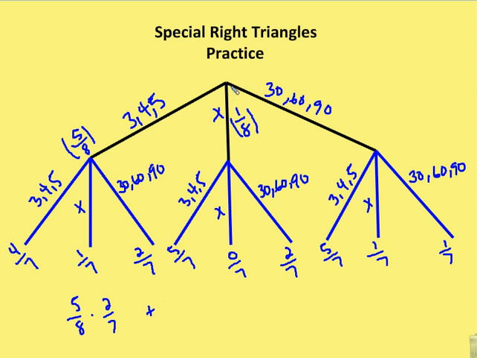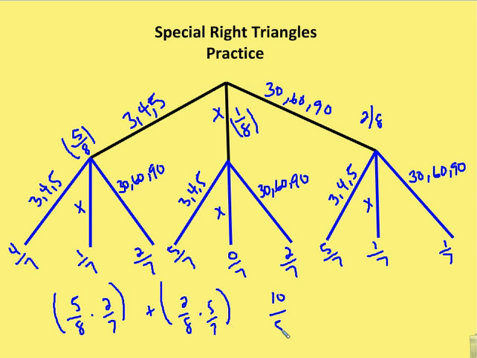And then the second possibility is I draw a 30, 60, 90 triangle, which is going to be 2 out of 8, and then I draw a 3, 4, 5 triangle, which is going to be 5/7. And then I add those two together. So I have 5/8 times 2/7 plus 2/8 times 5/7.